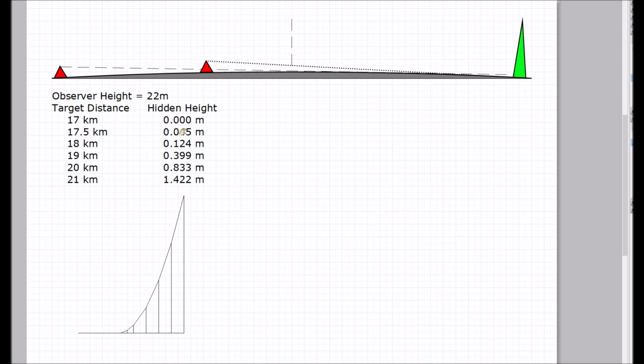So basically what's happening is more and more is being hidden as the distance increases, but not just linearly, it's increasing, what's the word? I want to say parabolic. Not exactly parabolic, but I've charted it here. Basically, from 0 to 17 kilometers, nothing is hidden, and then we start to get some hidden, and then more hidden and more, and it gets faster and faster as the object moves away from us.